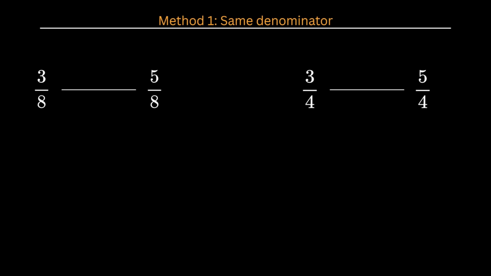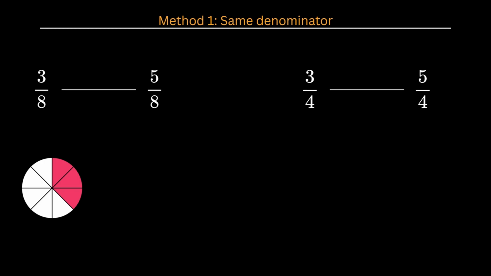So, let's do this using some visuals. Now, 3 over 8. This is how 3 over 8 looks like. It's simply a whole divided into 8 equal parts, and 3 of them are, think about it like food, you eat 3 slices.